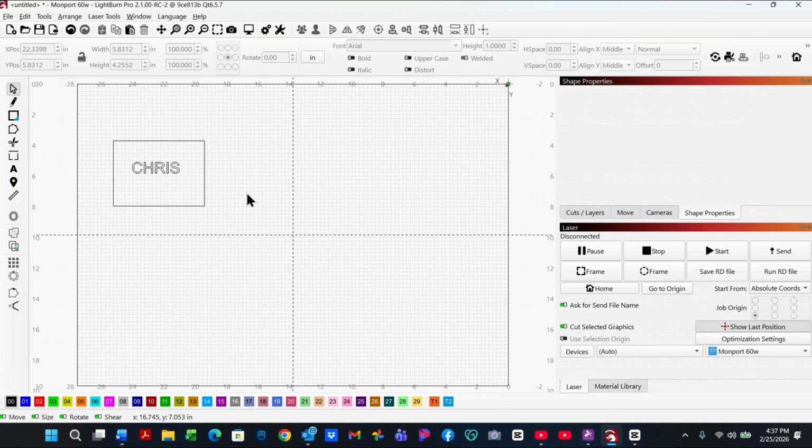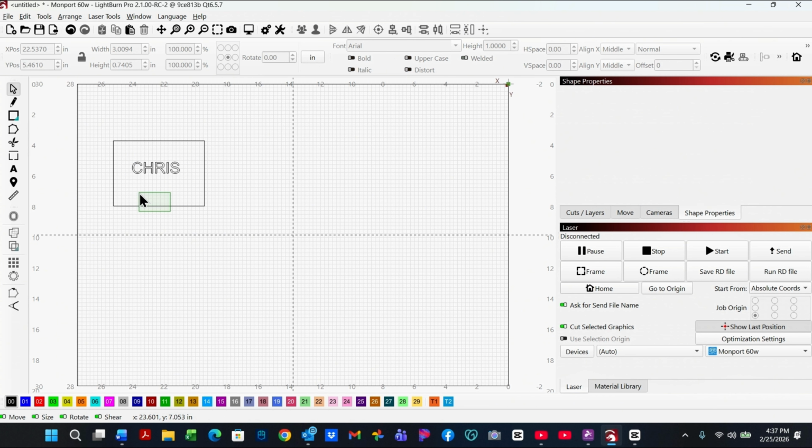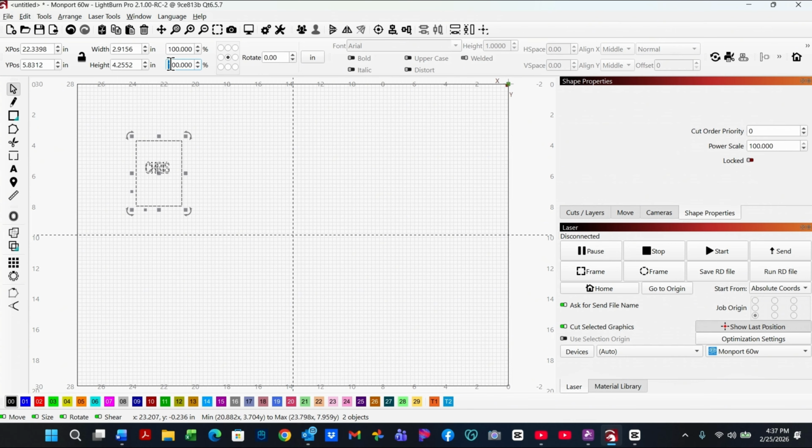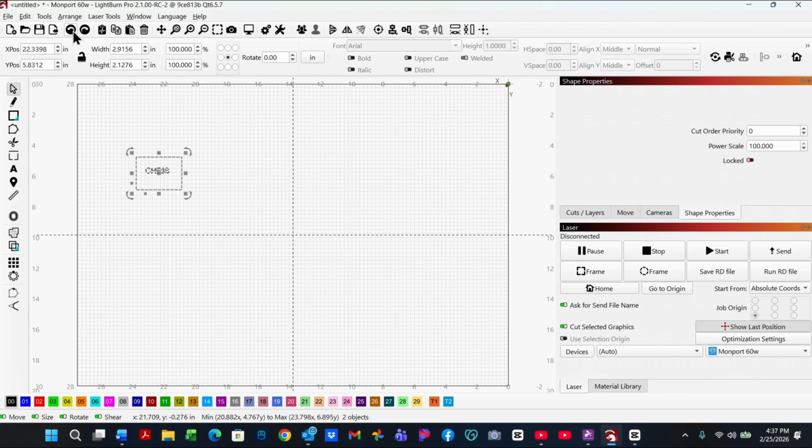All right, so what we were talking about there with his second comment is you'll notice this is at 1, and this is just your block. If I do it without locking that aspect ratio, I'm fixing the scale. But what it does not do is push that scale over to the height. Okay, so now we'll undo that.